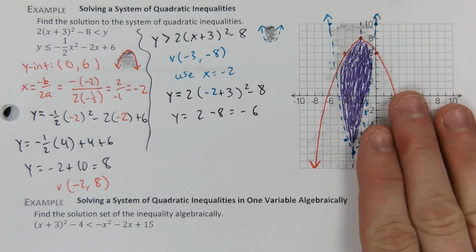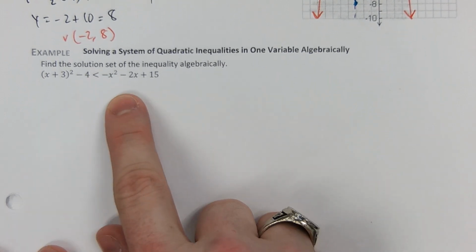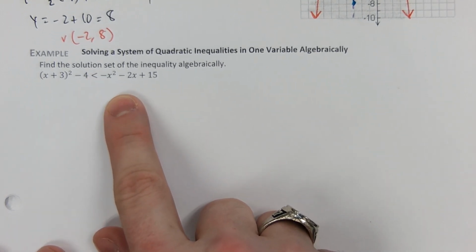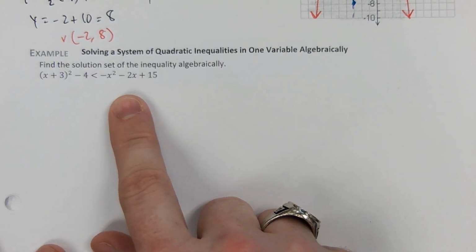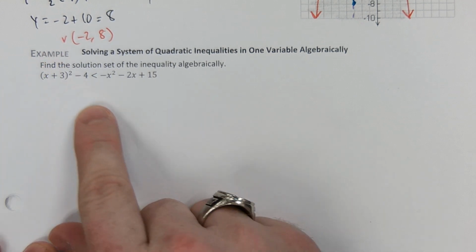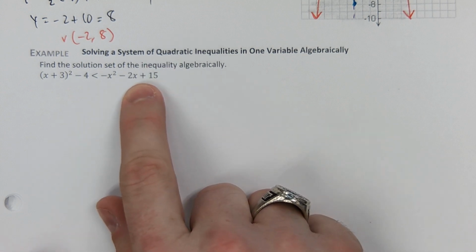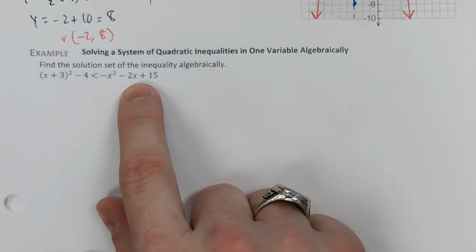This is what we're doing when we solve this algebraically, but we're just going to do it without graphing. Literally what we're doing is finding all the places where this U-shaped graph is less than, which means under, this U-shaped graph. And we're doing that without graphing.